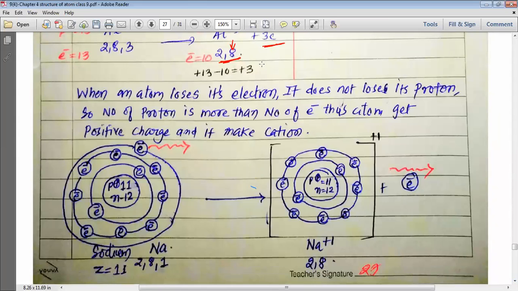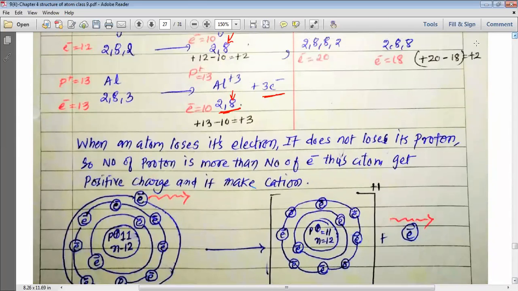Now, my dear students, if you look into the case of aluminium, you would come to know that initially this aluminium was having 13 protons and 13 electrons. But now the aluminium ion is having 13 protons and 10 electrons.